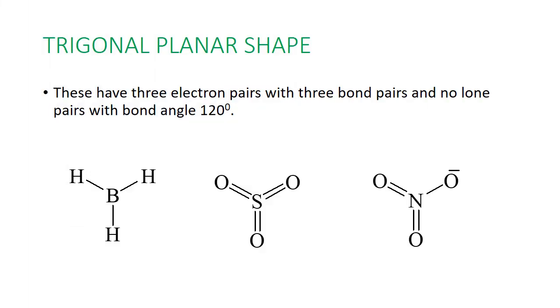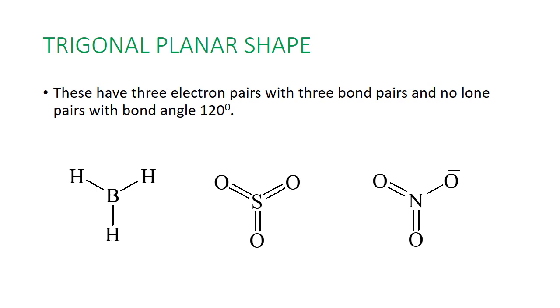Next we shall look at the trigonal planar shape, and these have three electron pairs around the central atom, whereby we have no lone pair, and the bond angle which is attained is 120 degrees. We have boron trihydride, sulfur trioxide, nitrate ion, and many other examples.